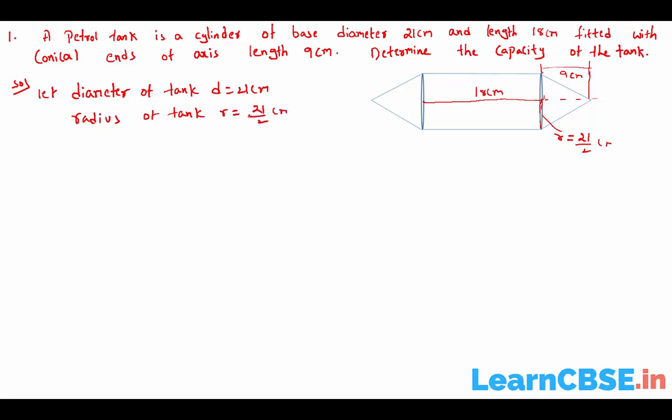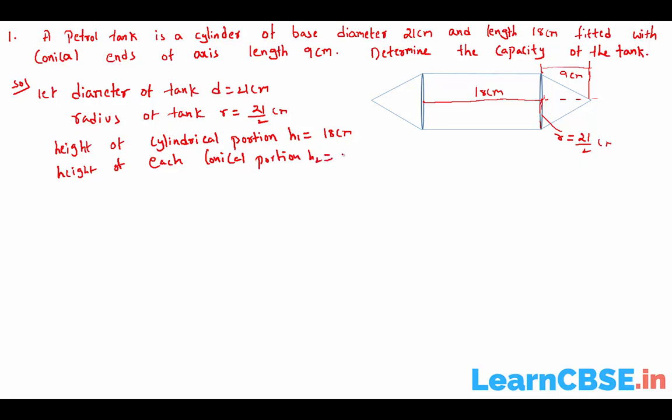Then the height of the cylindrical portion h1 equals 18 centimeters, and the height of each conical portion h2 equals 9 centimeters.